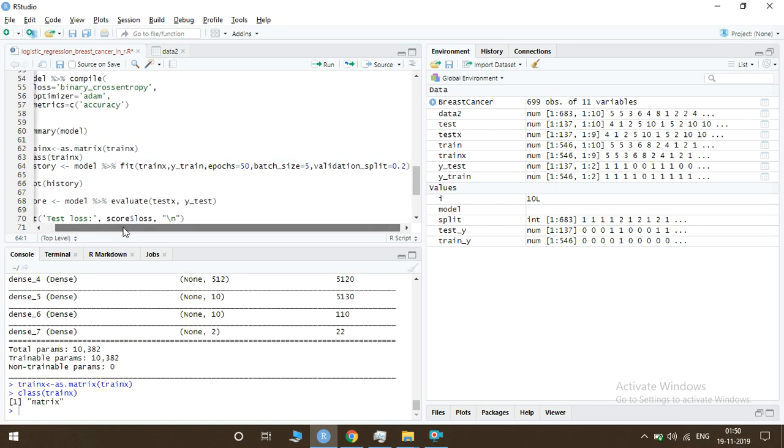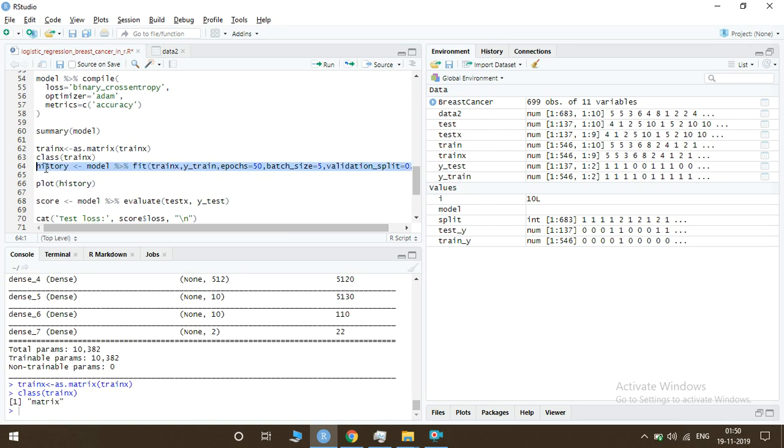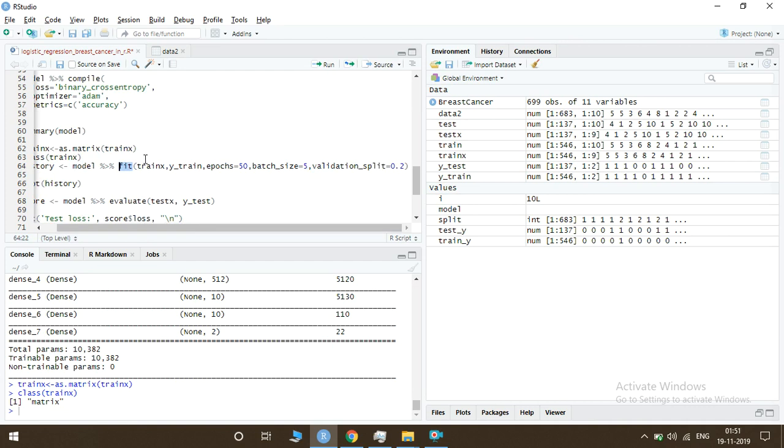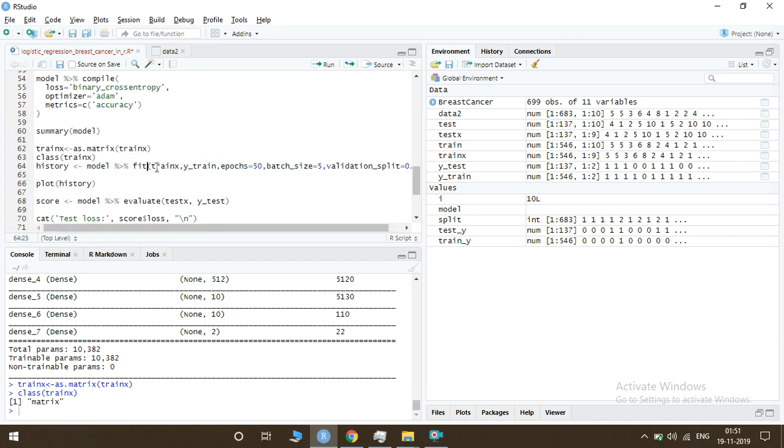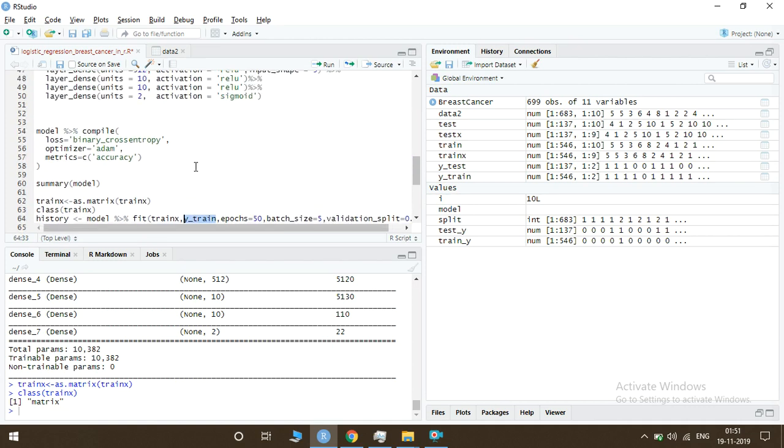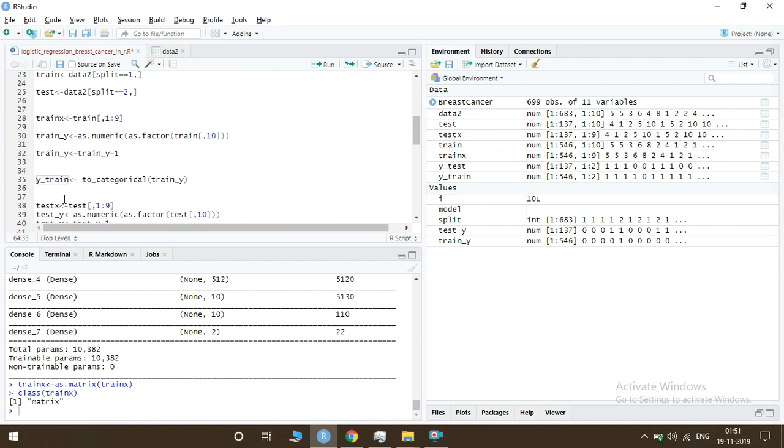Next, over here we would be using the fit function, in conjunction with our model, with a forward pipe operator. The inputs are given to fit: train x is the matrix format of the independent variables, and y is the train labels, which we have converted to categorical with the help of one hot encoding.